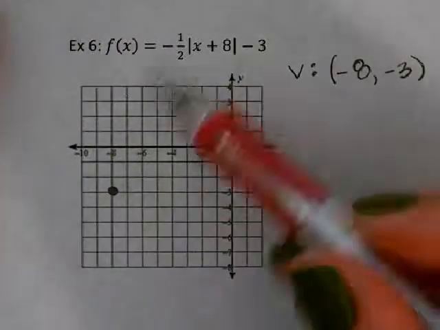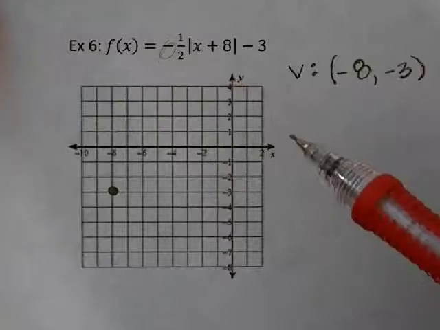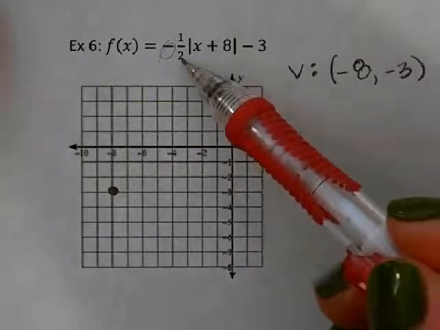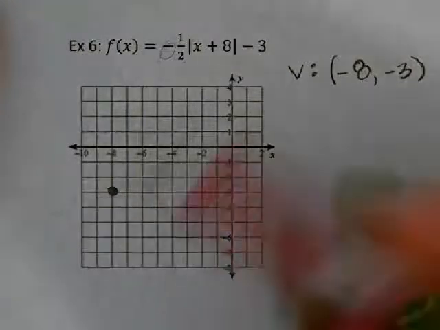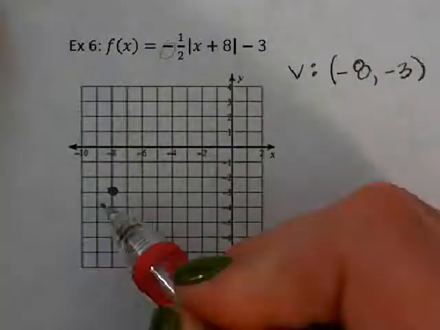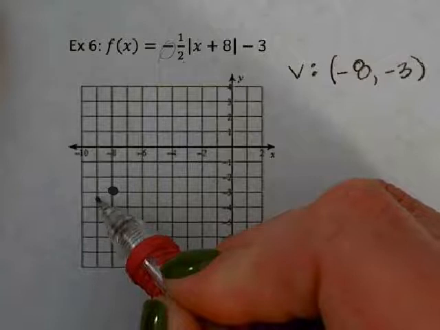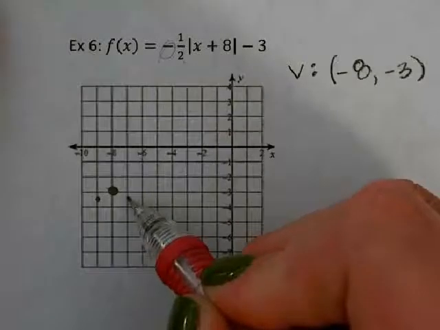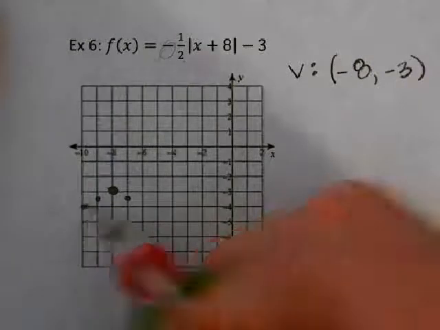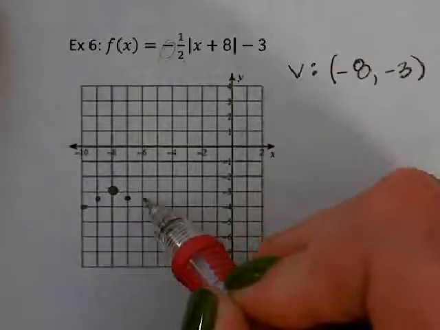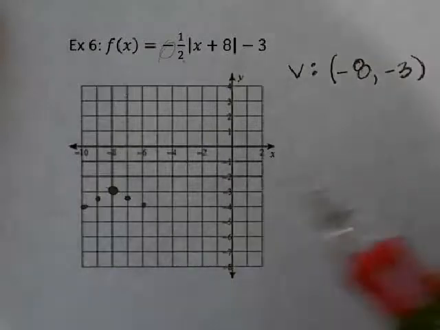So instead of going over 1, down 1, it's going to go over 1, down 1/2. Over 1, down 1/2. So that's exactly what you were saying about like over 2, down 1 is kind of what it's doing. Over 1, down 1/2.